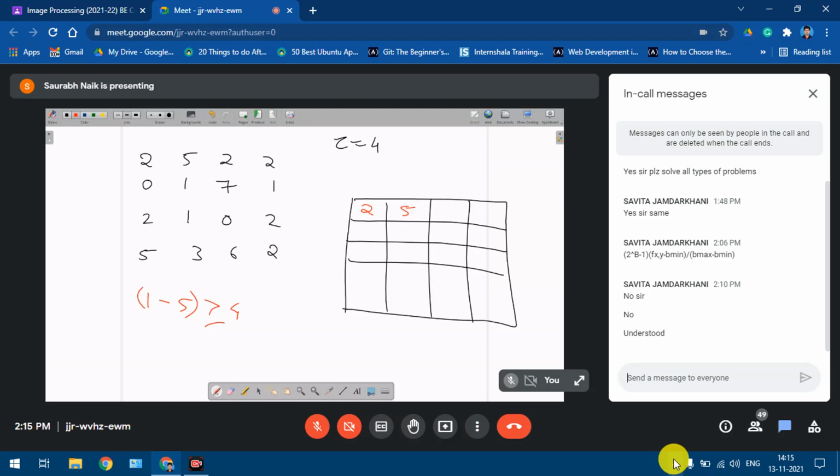Now, the threshold is, I think, mentioned as greater than, not as greater than or equal to. I don't have my notebook in which I had specified that.